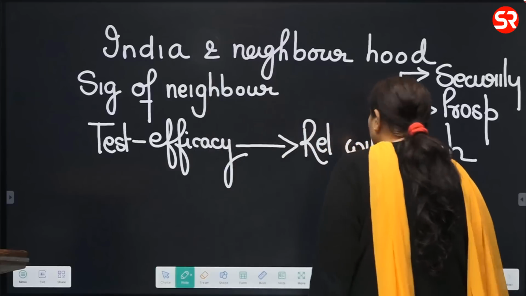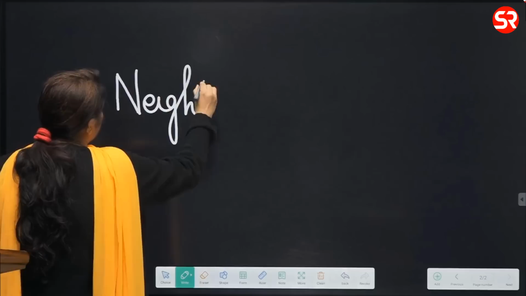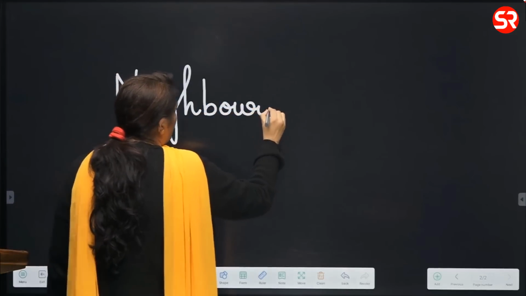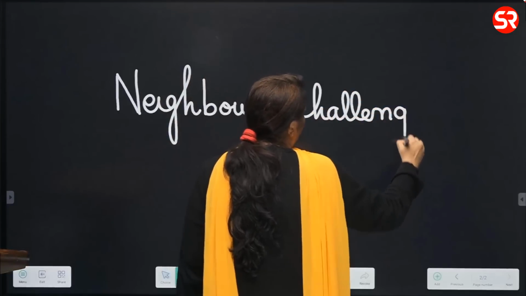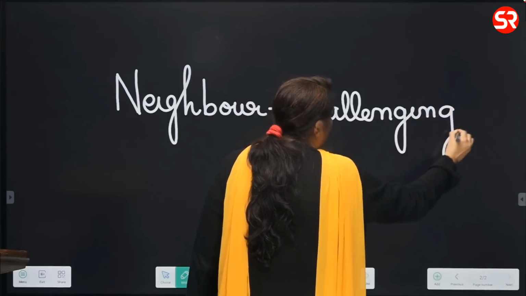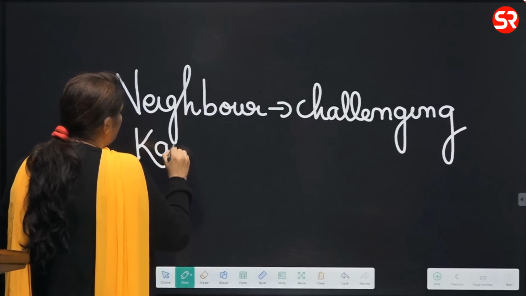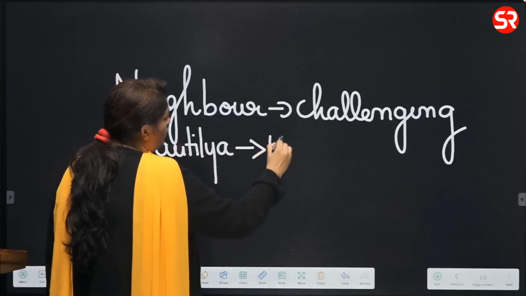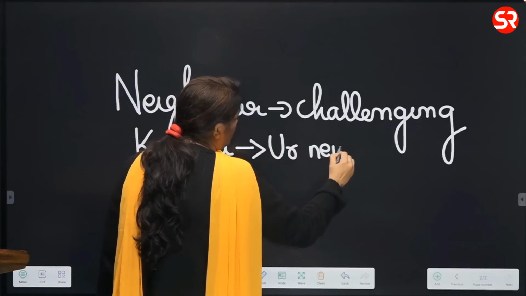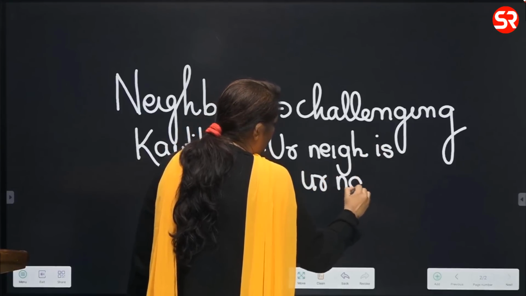At the same time, having an effective neighborhood policy is also one of the most challenging tasks, because the ancient wisdom, if I refer to Kautilya, suggests that your neighbor is your natural enemy.